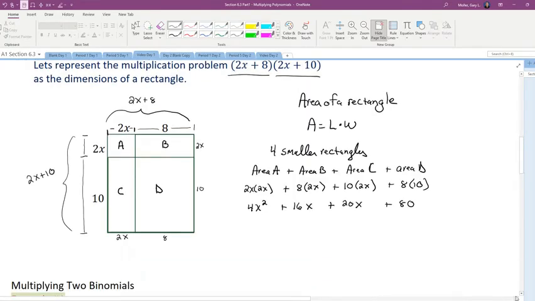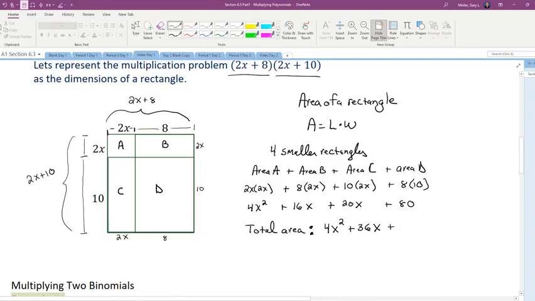So what now is the total area? We would just add these all up, making sure to add any common terms together. So now I'm just adding this polynomial together, and I'm going to report it in standard form. There are no x squareds other than the 4x squared. But I do have 2 x terms. So I have 20 and 16, which makes 36x.